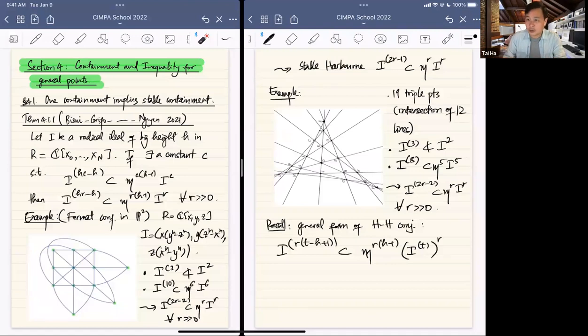So we were actually hoping to get some sort of similar statement like this. We were hoping to say that if we can prove this containment, or maybe some slight modifications of this containment for one specific value c here, then we would have this containment for all big enough values r.